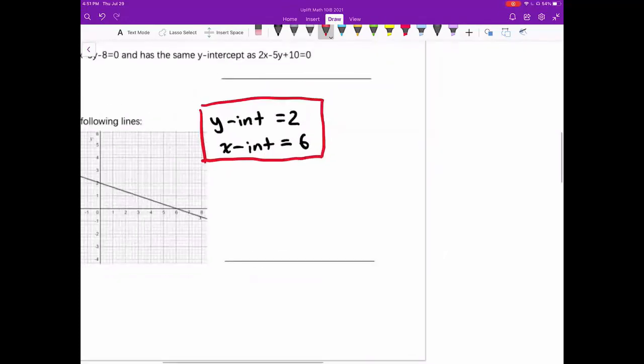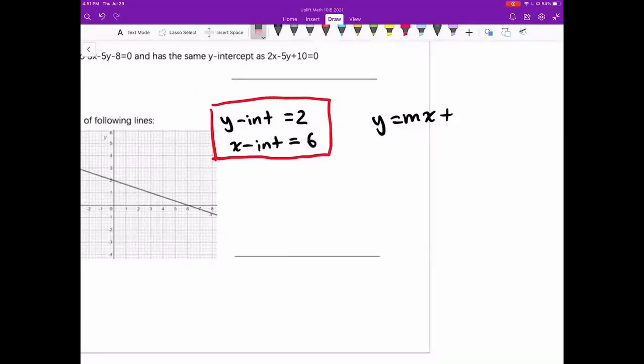So if we have the form y equals mx plus b, we already know what b is because that's just the y-intercept, so b is 2. And then we can find out m by substituting in the x-intercept. So 0 is m times 6 plus 2. m is -1/3.